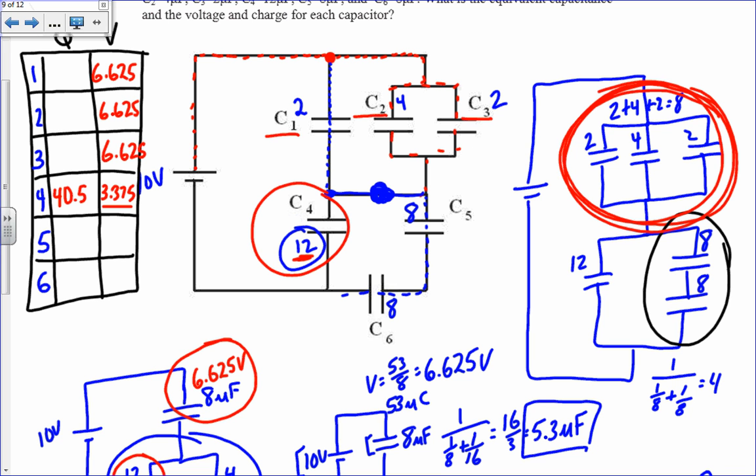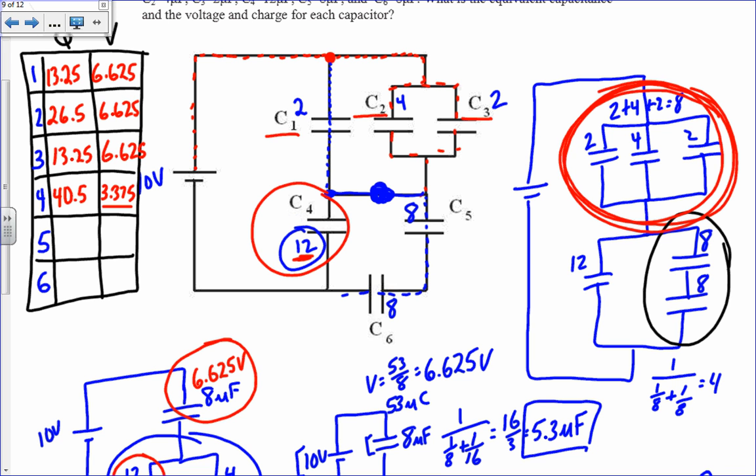They all share the same voltage. All right. In a similar way, I can just multiply the capacitance times the voltage, as I did for C4, and find the charge. So it's going to be 13.25, 26.5, and 13.25. Those are all in microcoulombs.